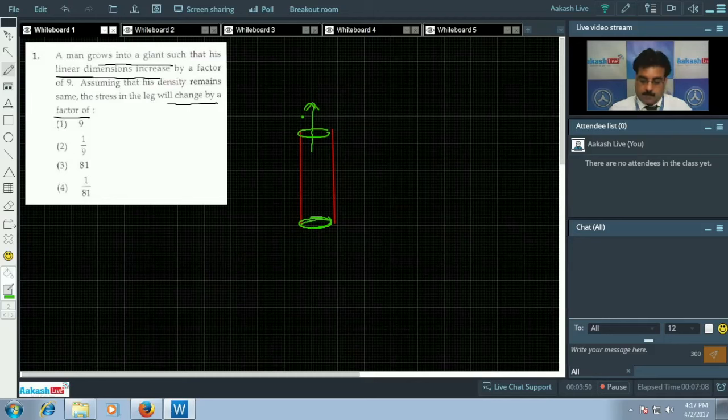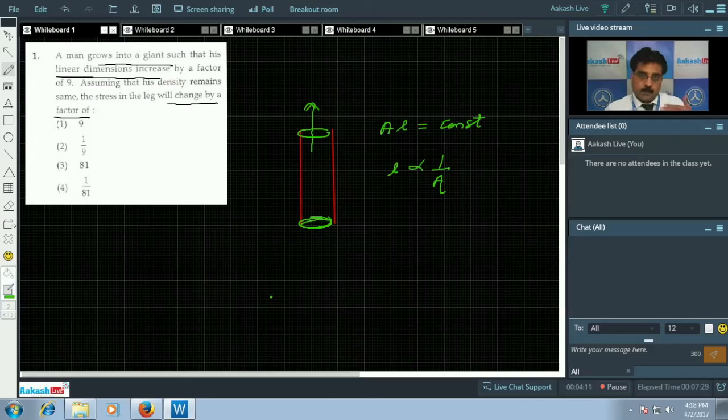But we can say that in this situation A into L is constant, if I compare this situation like a stretching wire. So we can conclude L is inversely proportional to A, right?